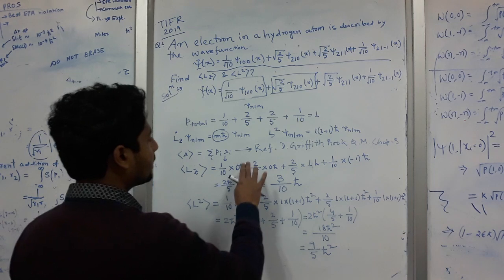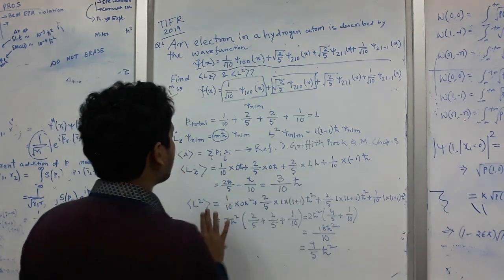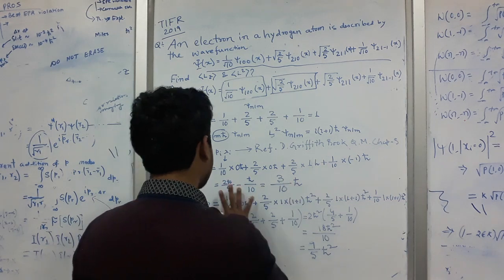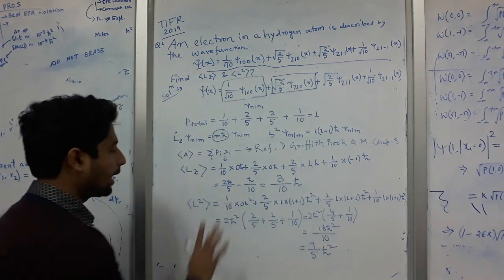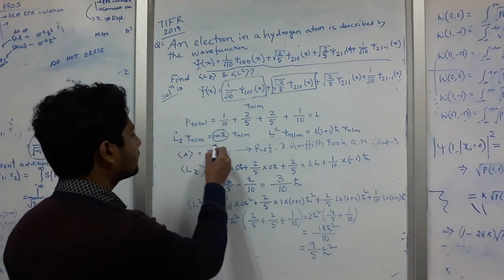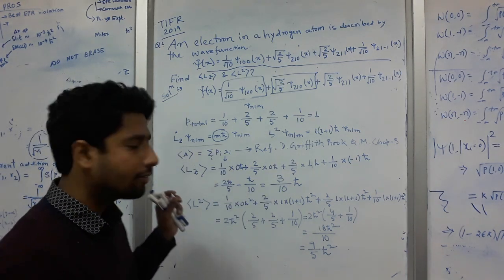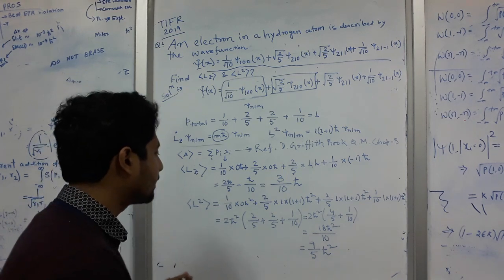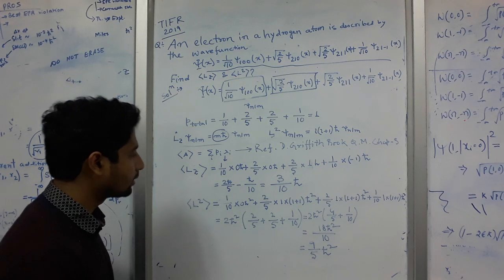Similarly I did it for all of them and just did the sum. This gives me the Lz, and similarly I do it for L square also. If you have any doubt, just check this in Griffiths' book, or if you still have any confusion, you can write your comment on this video, so we can discuss there.